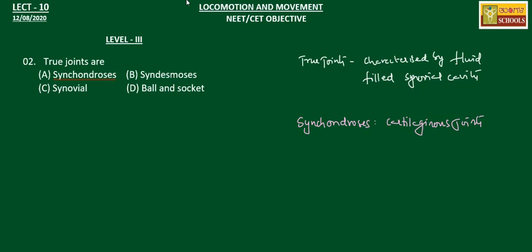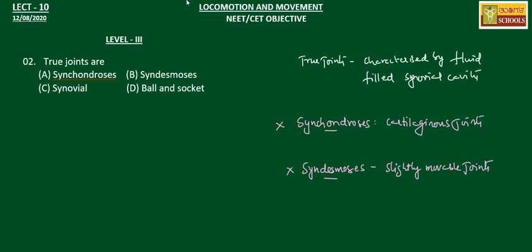Then coming to syndesmoses, these are slightly movable joints, like we see between tibia and fibula with an interosseous membrane. So these are also not filled with fluid, and synchondroses are also not filled with fluid.